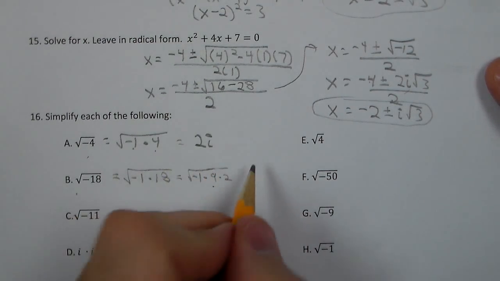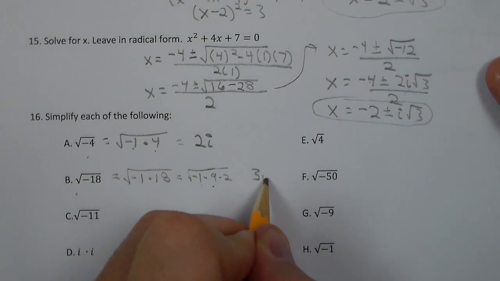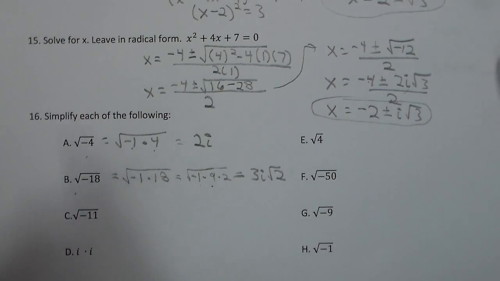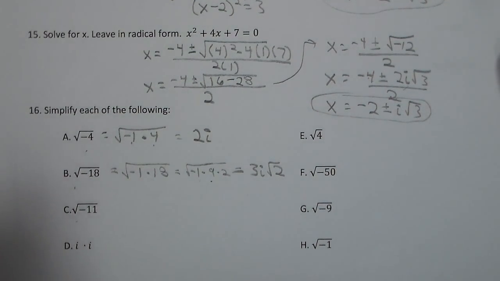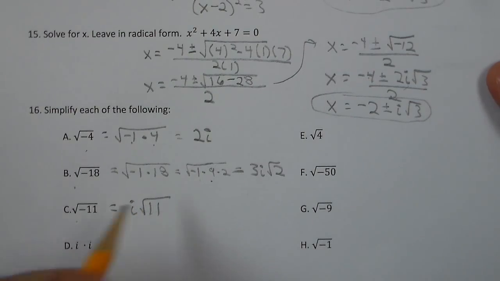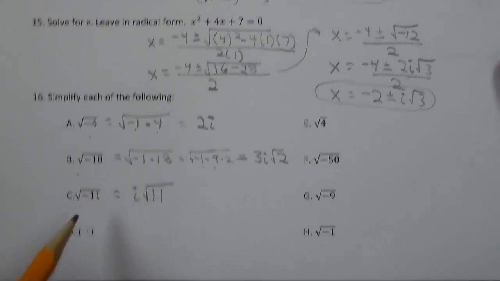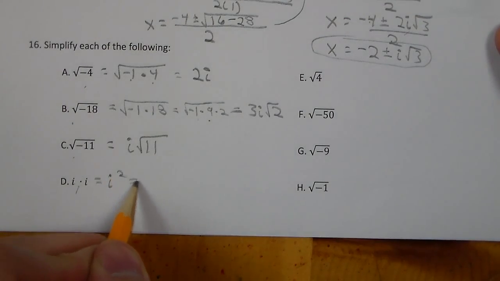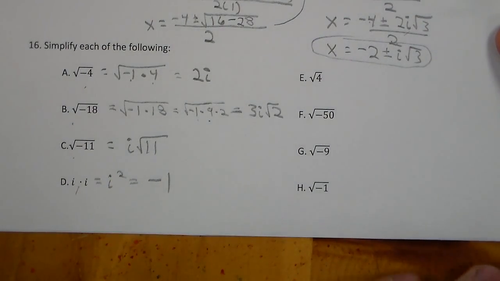The square root of 9 is 3. Negative 1 gives us an i. We're left with 2 under the radical there. So 3i root 2. For C, negative 11, you're not going to be able to simplify, so you're going to leave that in the radical, but the i comes out, so we say i root 11. For D, i times i is i squared, and i squared, we've talked about earlier, is just negative 1.